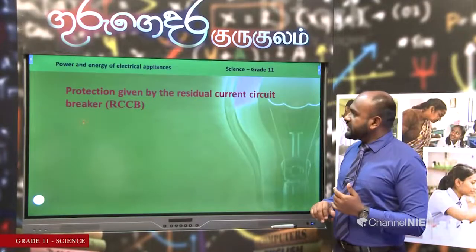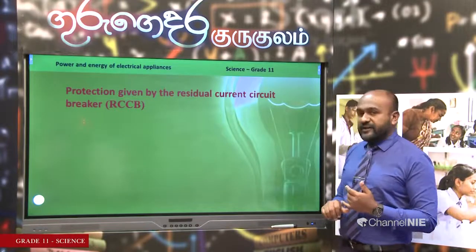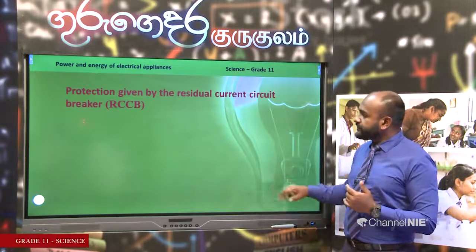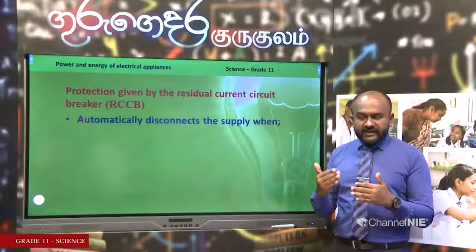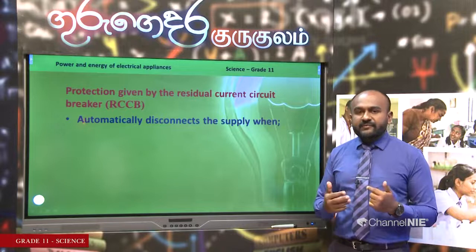Protection given by the residual current circuit breaker. This is an automatic switch. When there is a problem in the circuit, it automatically trips off the circuit. So, what are the instances where this automatically trips off? I think you are familiar with them, but let us see.